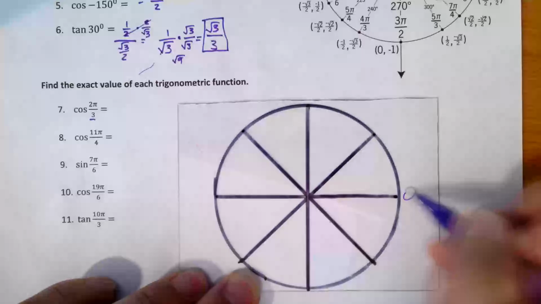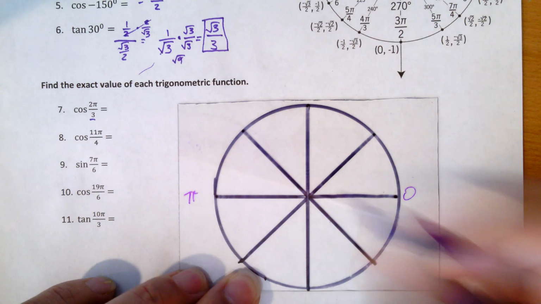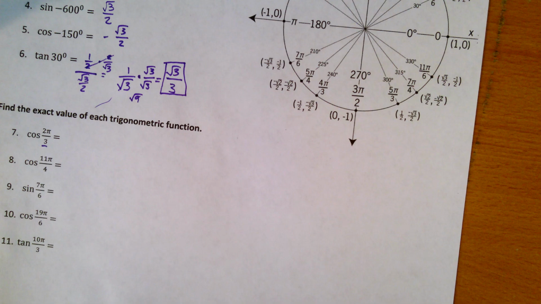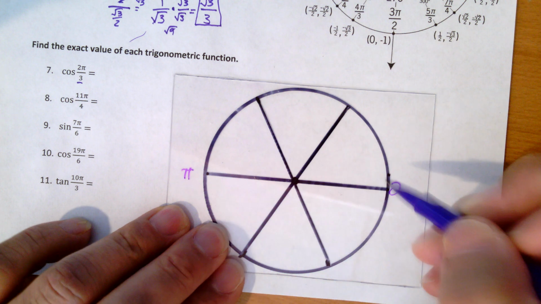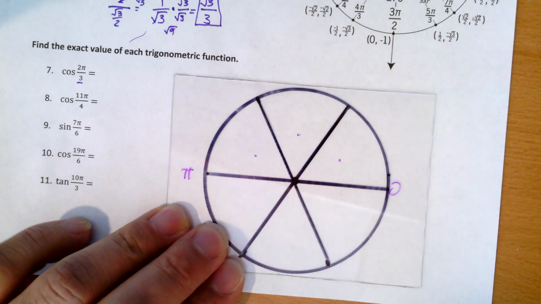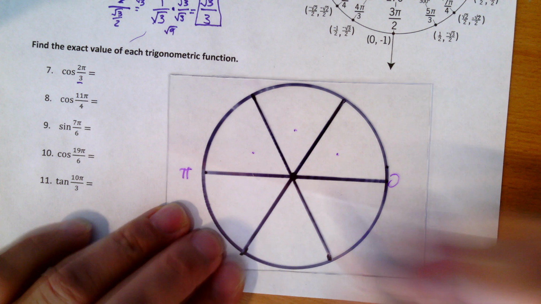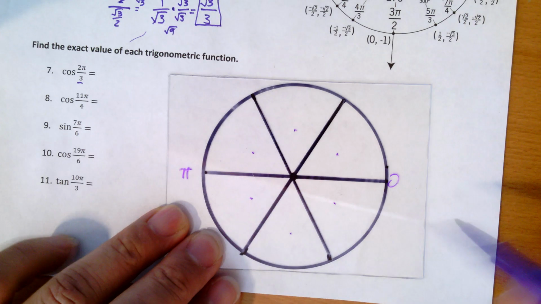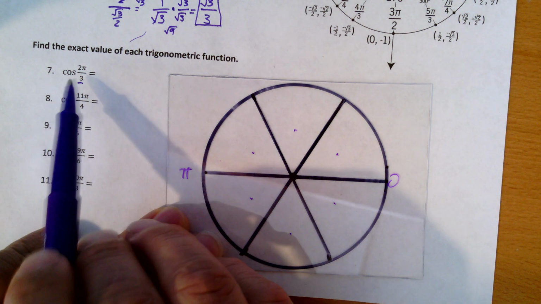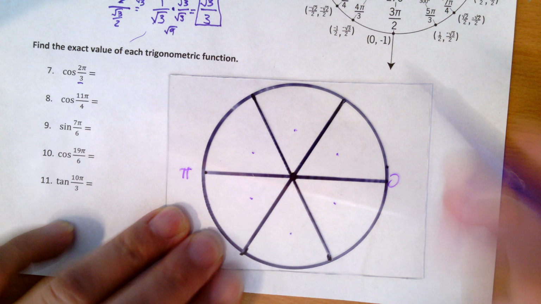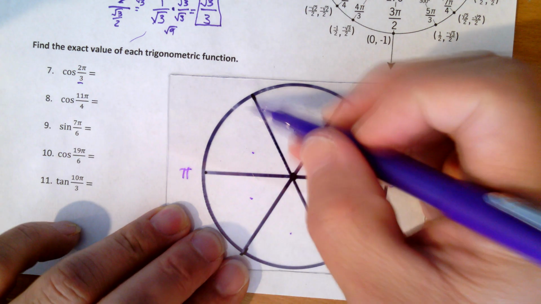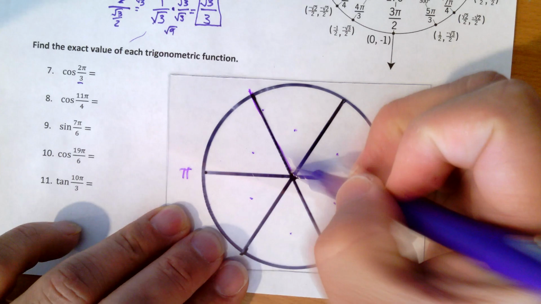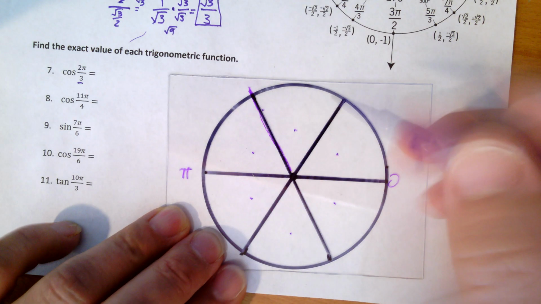Remember, 0 to pi, here's my pi thirds. That means I've cut pi into 3 pieces. That would make it a total of 6 pieces for the whole unit circle. So if I want to find 2 pi thirds, that means I need to go 1, 2.